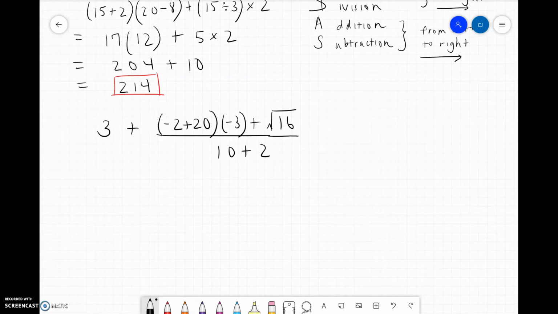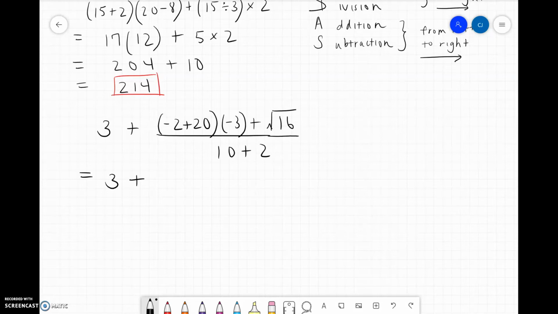So what I want to do first is simplify everything in the numerator, simplify everything in the denominator, and then we can divide those things. So we're just going to leave that 3 plus out there. We're not going to do anything with that yet.